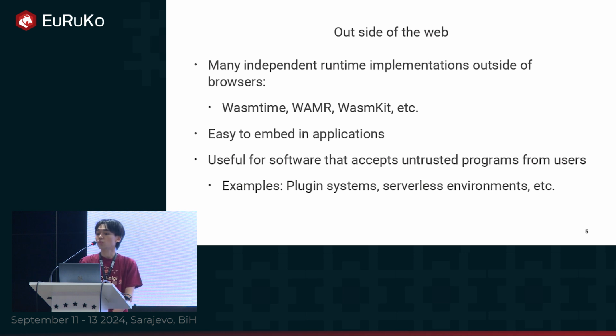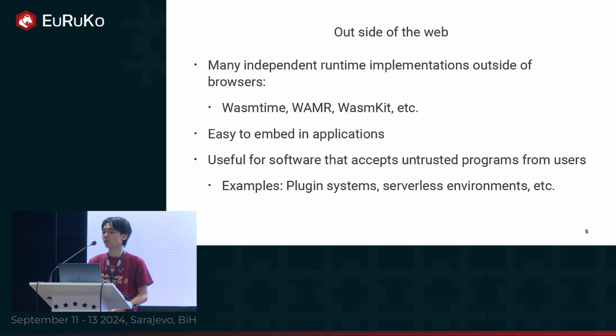Since the Wasm specification does not demand a lot from the system, all these runtimes are easy to embed in applications. In addition to its embeddability, Wasm also limits access to the host system.